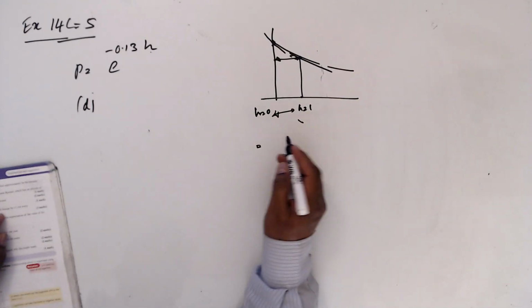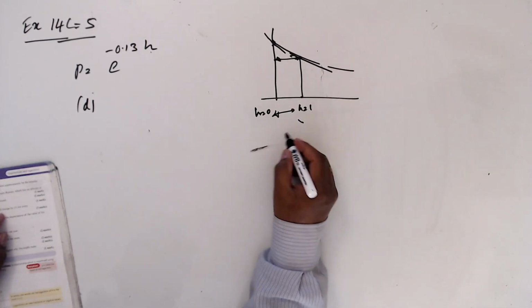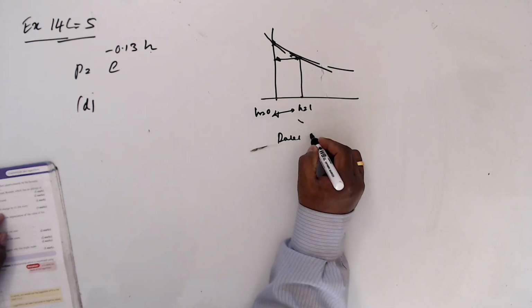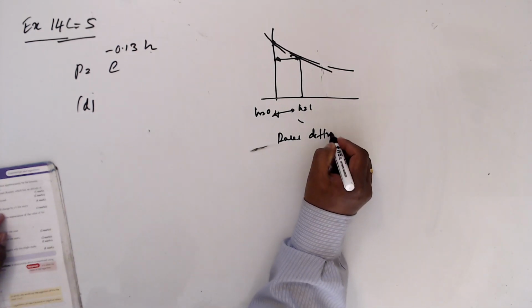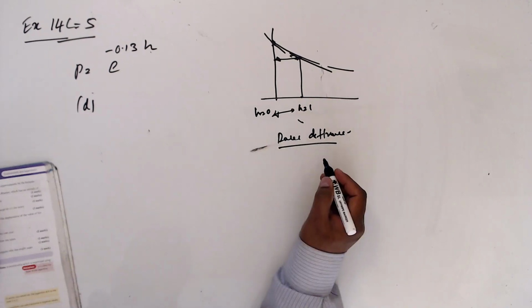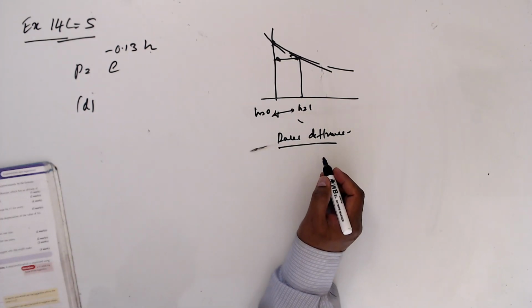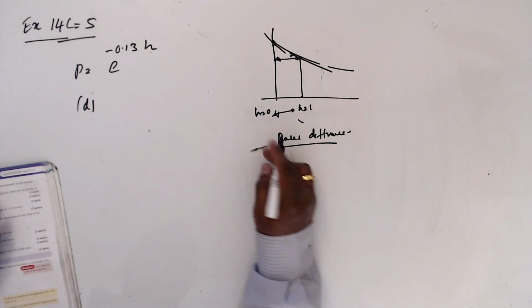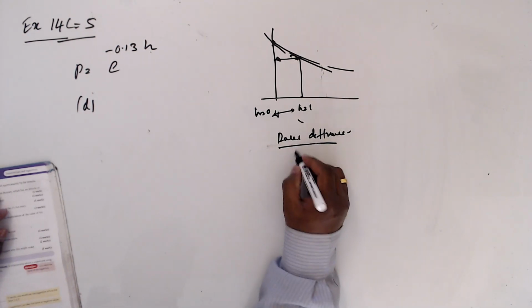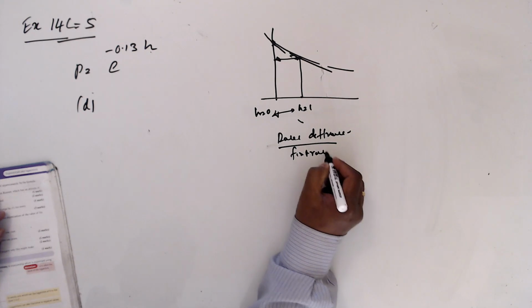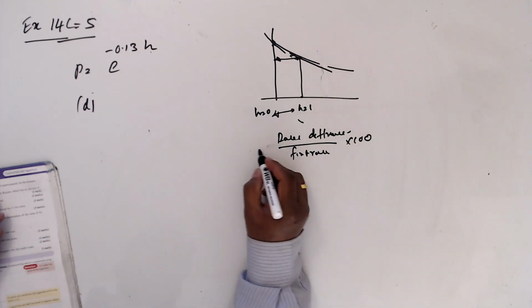So the rate difference with the initial rate, divided by the initial rate, multiplied by 100.